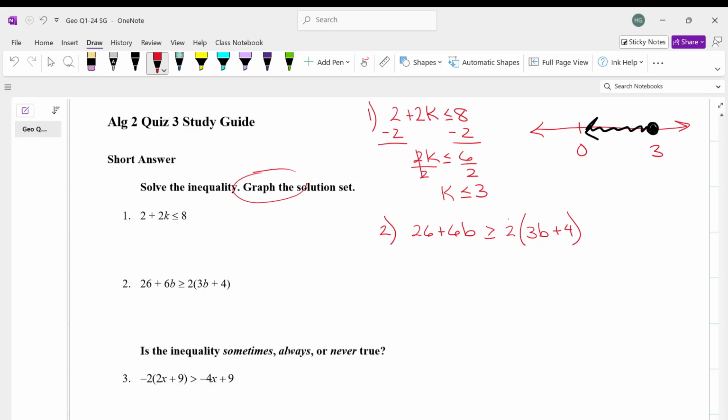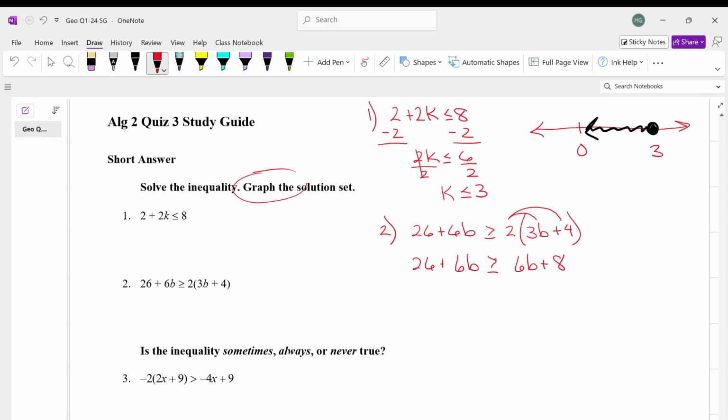So when we do the distributive property on the right-hand side, we get 26 plus 6b is greater than or equal to 6b plus 8.